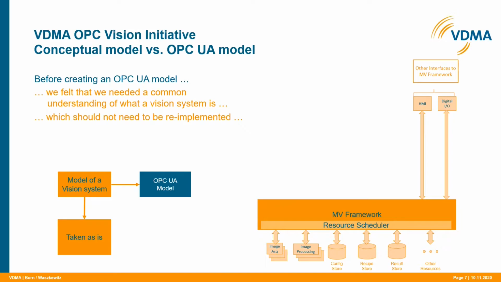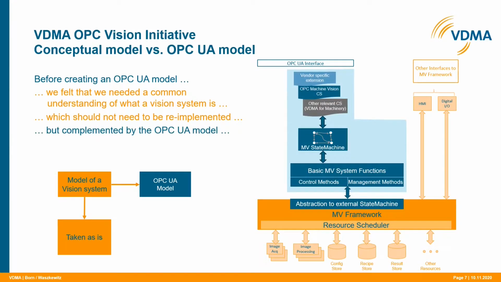Such machine vision frameworks typically have a result management, a configuration management, and a recipe management, as well as other resources which are not currently our scope. Our specification complements existing systems with a common abstraction. The core element of this abstraction is an external state machine, providing a standard interface to the functionality and the behavior of the system represented in the states of the state machine.